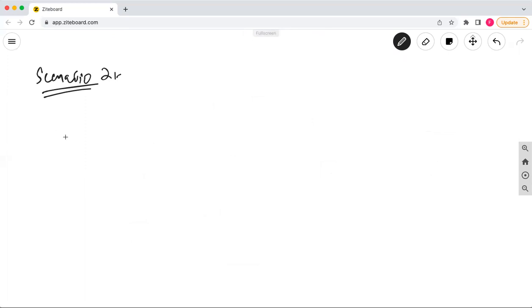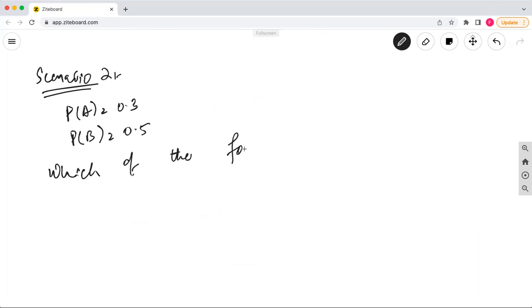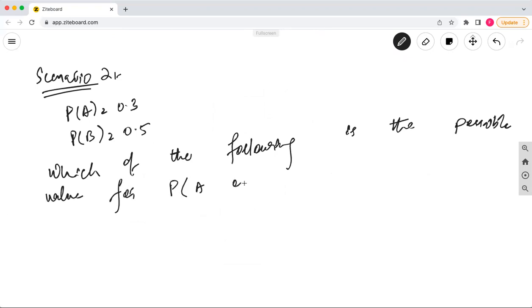For example, if I say that probability of A is equal to 0.3 and probability of B is equal to 0.5, which of the following is the possible value for probability of A or B, right?